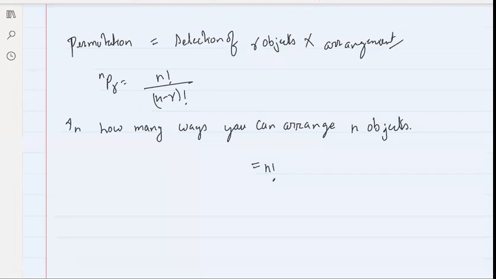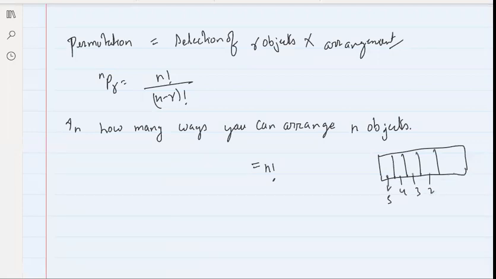Just see this now. If you have 5 objects, obviously 5 objects can be arranged among themselves in how many ways? 5 ways, 4 ways, 3 ways, 2 ways, 1 way, 5 factorial ways. So obviously n objects can be arranged among themselves in n factorial ways. I hope all of you understood the basic definition.